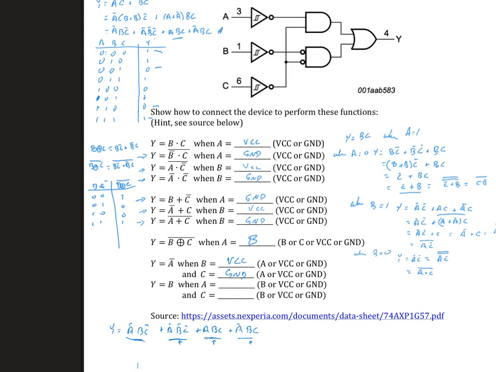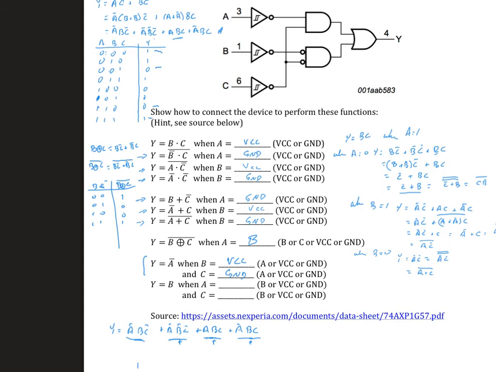This expression is always 0 because C is always equal to ground, and this expression is always 0 because C is equal to ground. So if we tie B to VCC and C to ground, then this circuit looks like just NOT A.